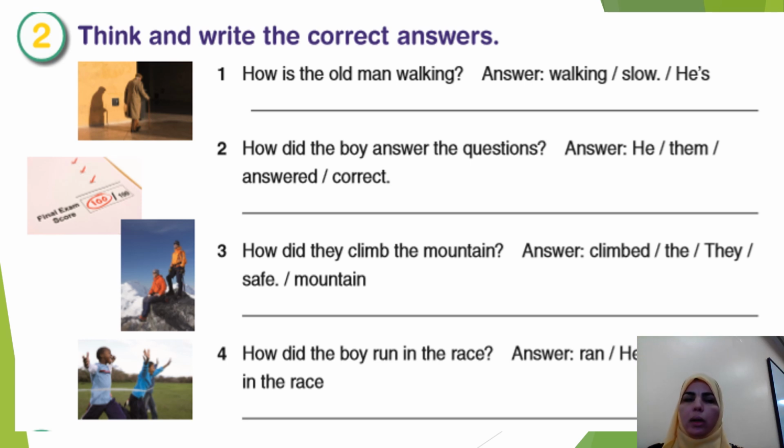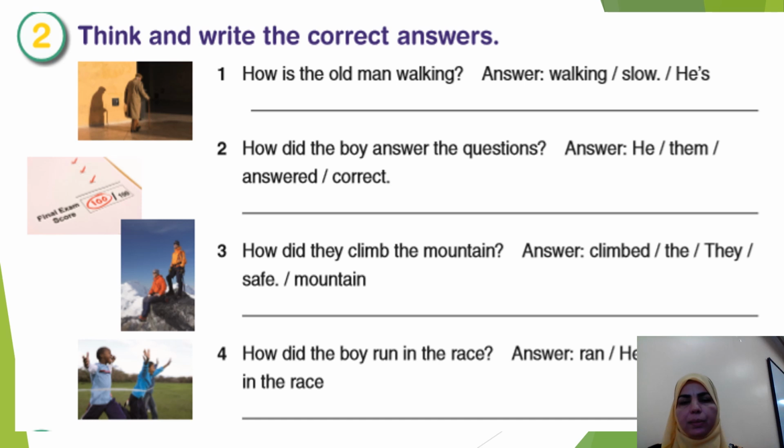Answer: he, them answered correct. Question number 3, how did they climb the mountain? Answer: climbed the safe mountain. Question number 4, how did the boy run in the race? Answer: run he quick in the race. Now I will give you 5 minutes to answer these questions correctly, and don't forget to change the adjective into the adverb.